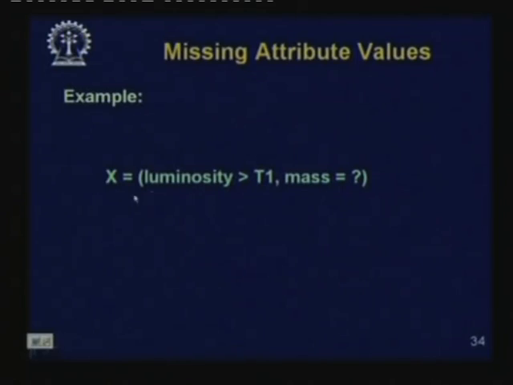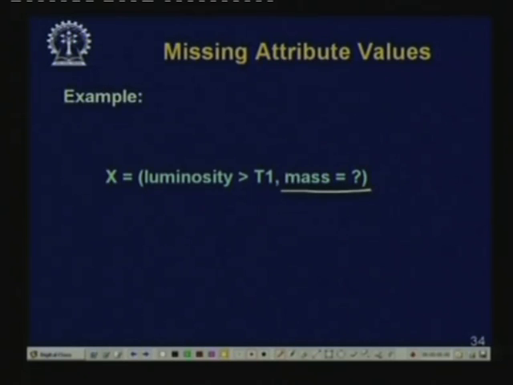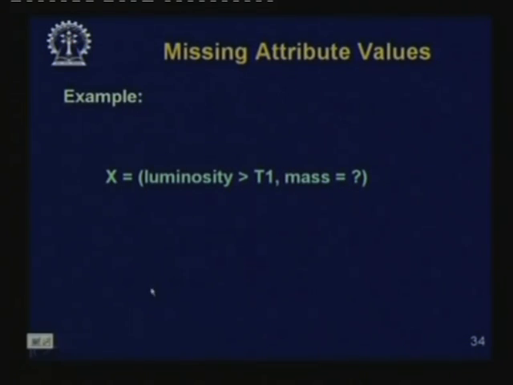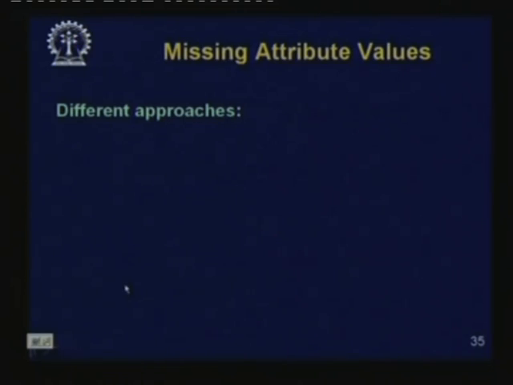Secondly, we wish to handle cases where attribute values are missing from the data set. For example, we may have a data set for which the value of mass is missing. We have the other features, but the value of one of the features is missing. What do we do in this case? There are several things that we can do.